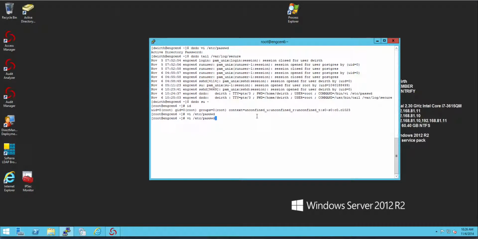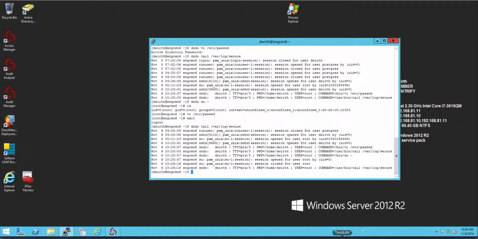If I exit and take a look at the secure log, I will be able to see that it was Diana who became root, but notice that anything that I did as root, like editing the /etc/passwd file, is not logged. Of course, this can be configured to be logged, but that's another limitation: when you give the keys to the kingdom, you don't have real context of that.